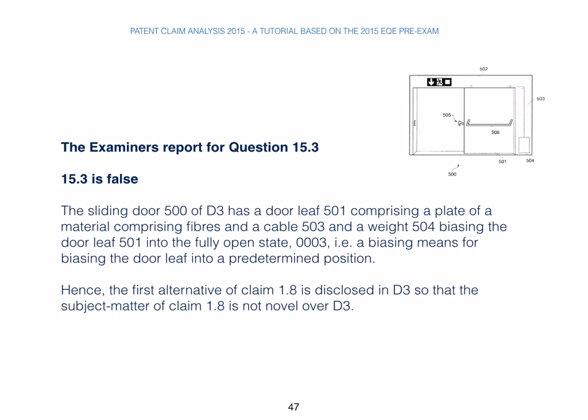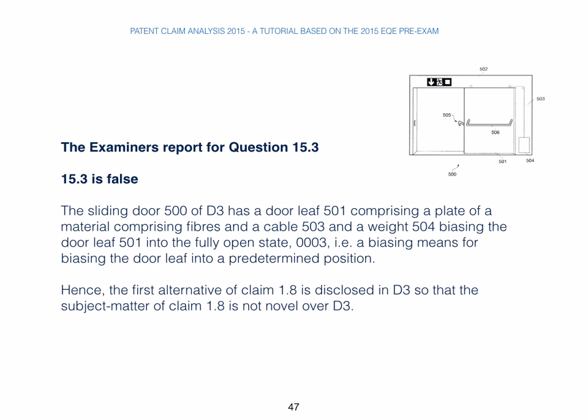Hence, the first alternative of claim 1.8 is disclosed in D3, so that the subject matter of claim 1.8 is not novel over D3. It's enough, as we stated before, to disclose one of the alternatives to destroy the novelty of the claim.